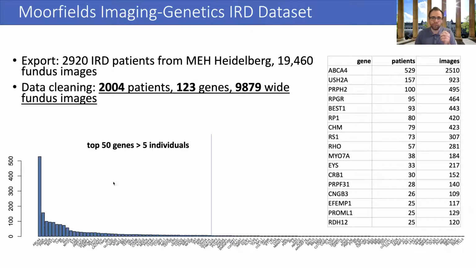However, even in this large data set, because of the skew in the gene distribution, beyond the top 50 most common genes, we have less than 5 individuals per gene diagnosis. And this is too little to train a neural network. So we will focus here on the top 50 genes. And here you can see the top 20 genes and the numbers we have.